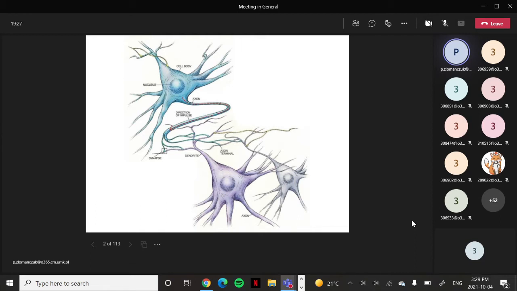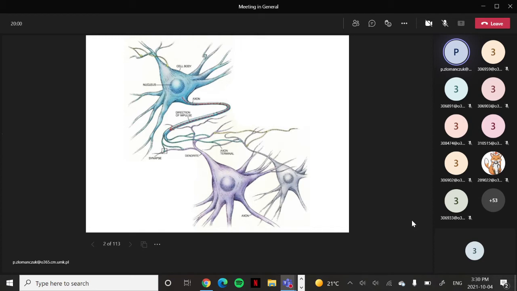Look at it that way. There are a lot of dendrites sending the information into the cell, but only one axon which sends the information from the cell. It means that the cell integrates in the cell body all the information from dendrites, and then sends it farther via the axon as a synthetic single message.